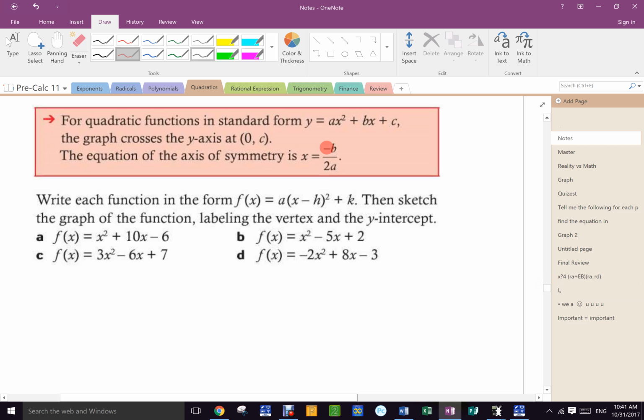There's everything you just wrote. This is your homework for tonight. It's only 4 questions because it's Halloween. I want this in this form, which means what? Can you use the shortcut? No, because if I was only graphing, could I use the shortcut? Yes, but I actually want it in that form. Everybody cool?